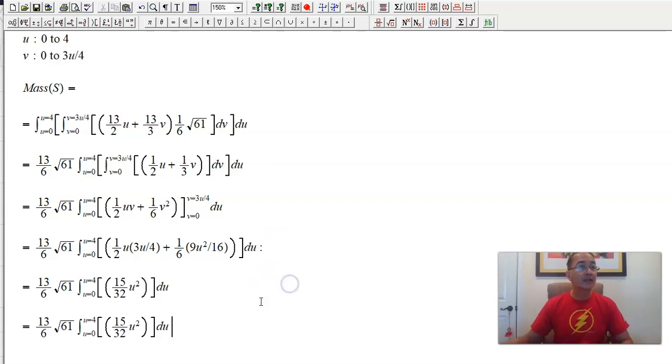Excellent. So that one is easy to do. We simply take this outside. Wait, actually, you know what? u cubed over 3, so that turns into 5. And we will go from u equals 0 to u equals 4.